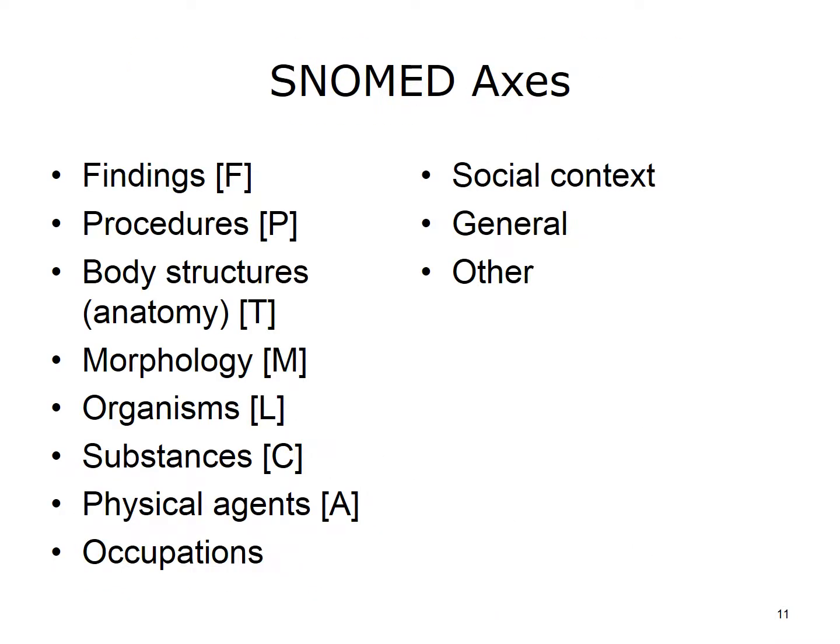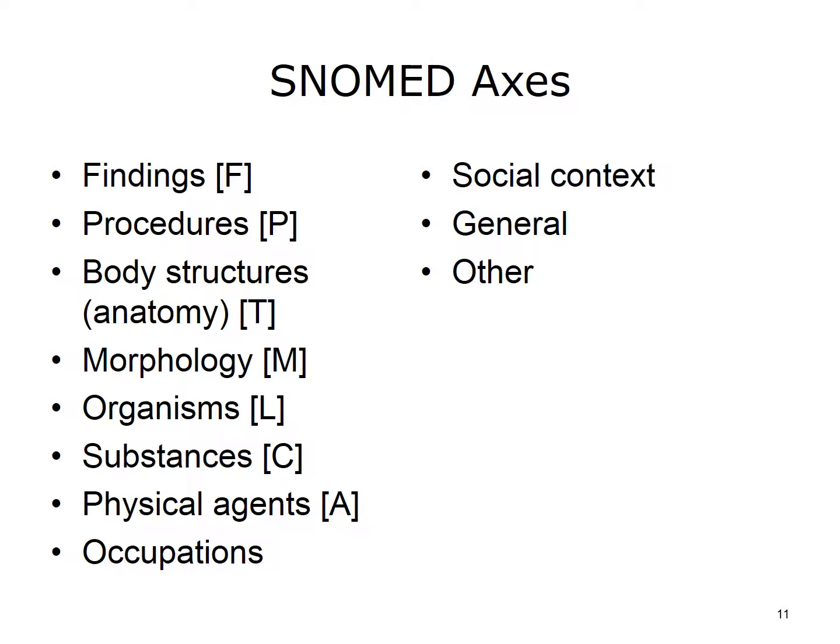Slide 11. These are the SNOMED axes. Findings represented by F. Procedures represented by P. Body structures represented by anatomy, T. Morphology represented by M. Organisms represented by L. Substances represented by C. Physical agents represented by A. Occupations, social context, general, and other.